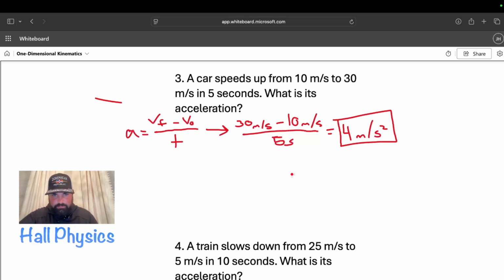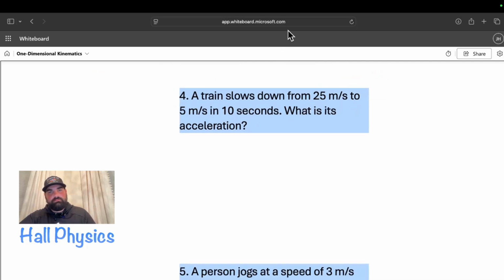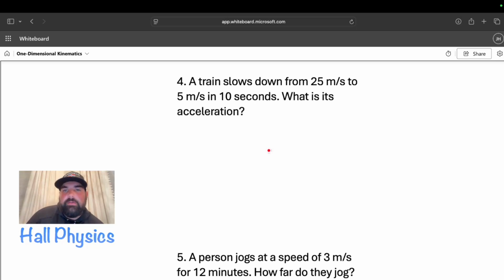Now let's go down to number 4. A train slows down from 25 meters per second to 5 meters per second in 10 seconds. What is its acceleration? Same acceleration formula as above. Can't write it enough.